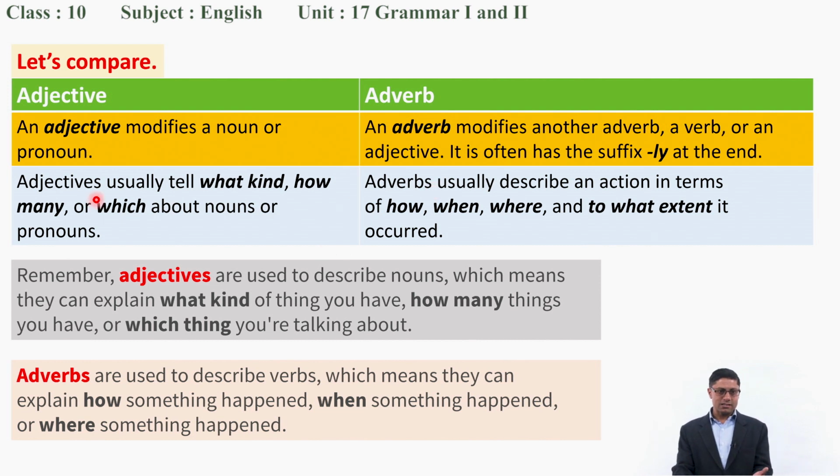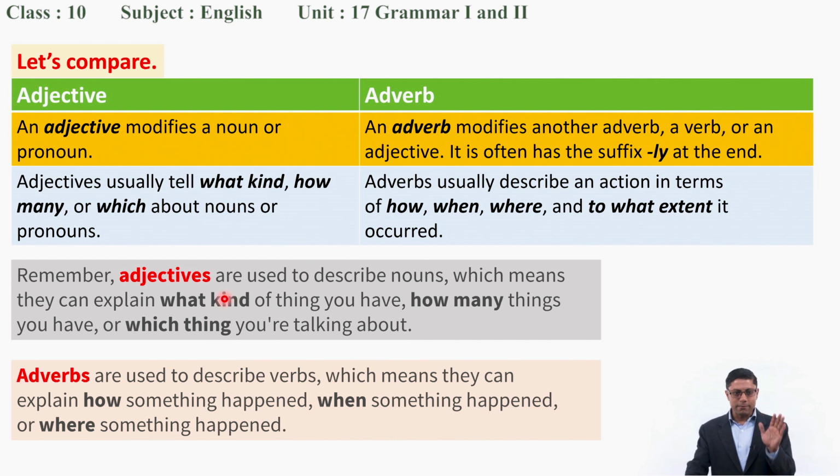Similarly, adjectives tell us what kind of thing, how many, or which one. Adverbs answer questions like how. How did he run? Quickly. For example, when, which is time, where, which is place, or to what extent. Such things are answered by adverbs.